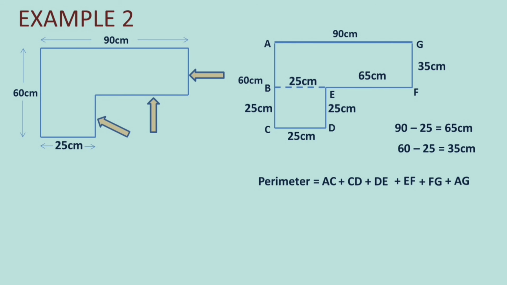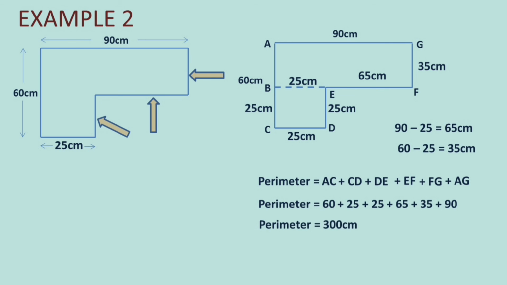Substituting the values, you have perimeter equal to 60 plus 25 plus 25 plus 65 plus 35 plus 90. And this will give you 300. Hence, the perimeter of this figure is 300 cm.